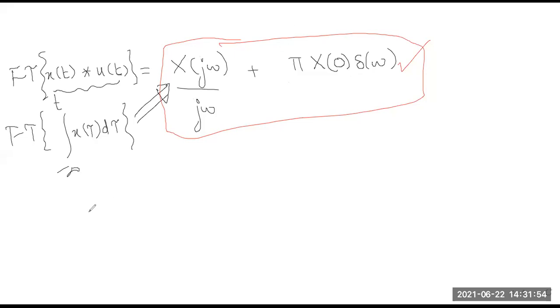Now moving on to the next property, and that is the modulation property. Not modulation, we have already done that, I think. Let's do the duality property first. Duality property.